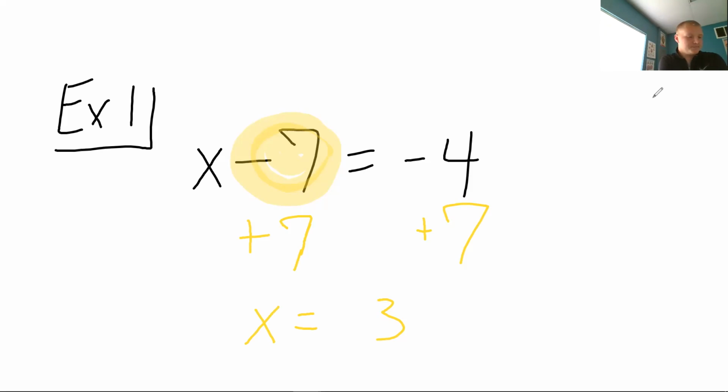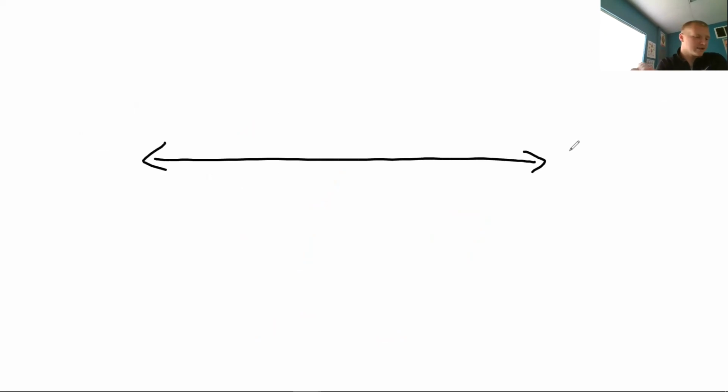Okay, and it wants me to graph it on a number line. Yay. You know how to do it. It's just more the process of, yay, I get to do this. So we have, I'm just going to write 0, 1, 2, 3.